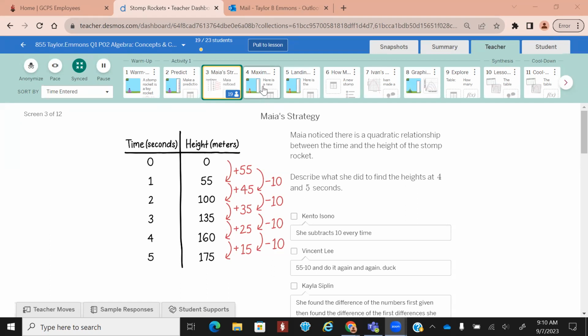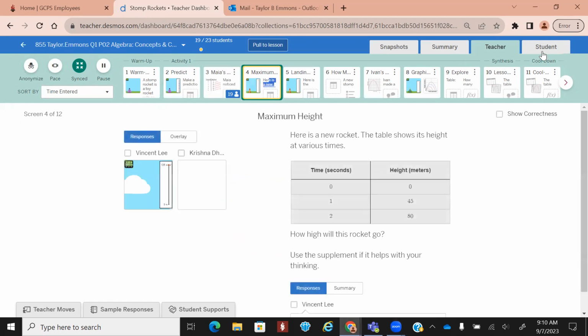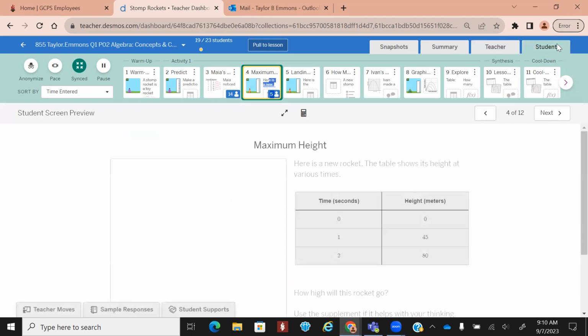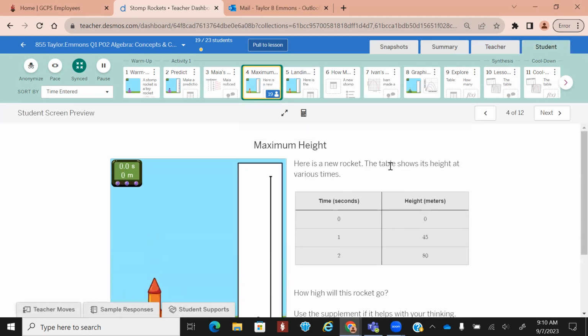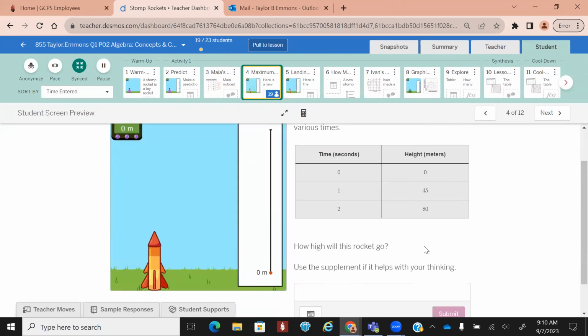Okay, on slide number 4. Here is a new rocket. The table shows its height at various times. How high will this rocket go? Think about how Maya used her strategy. Remember, she found the difference between the first.